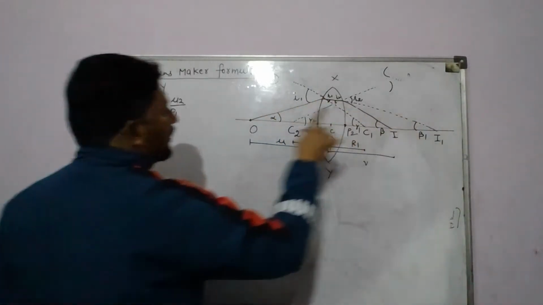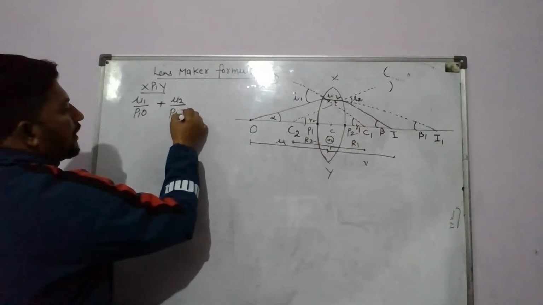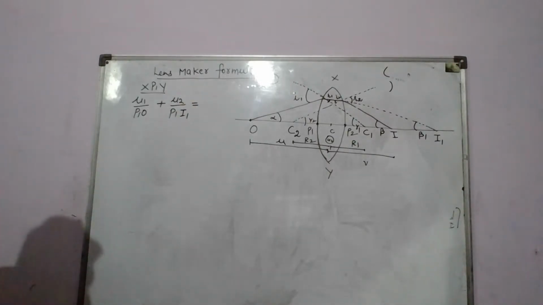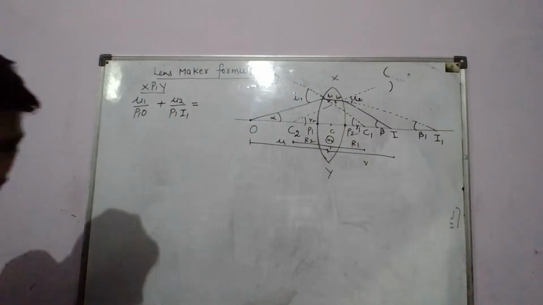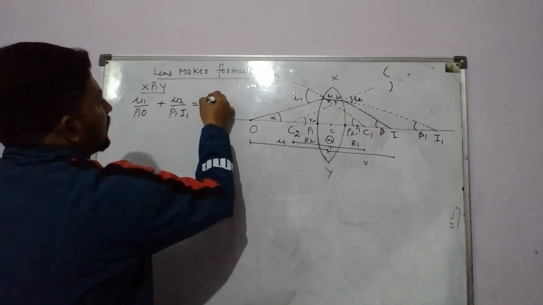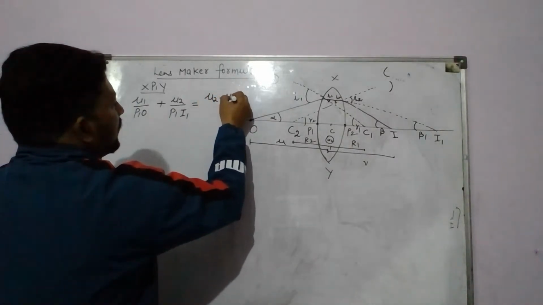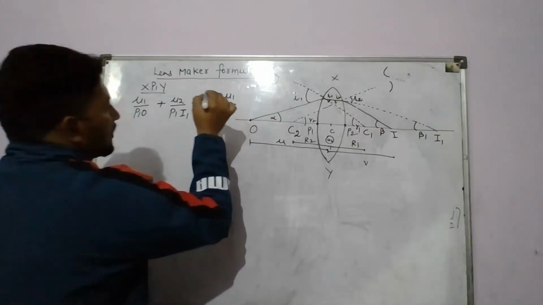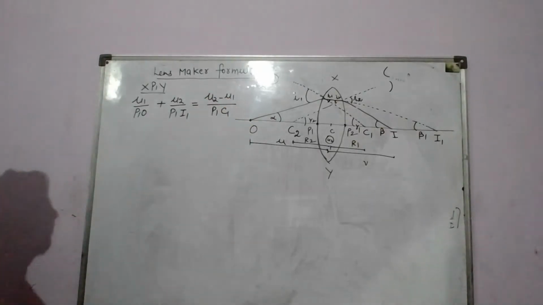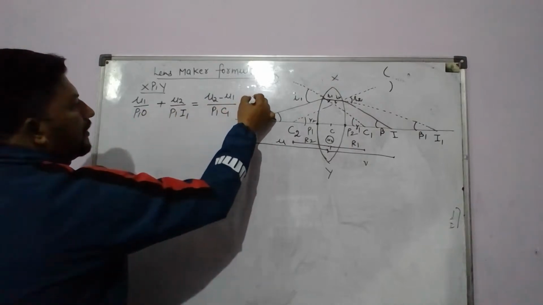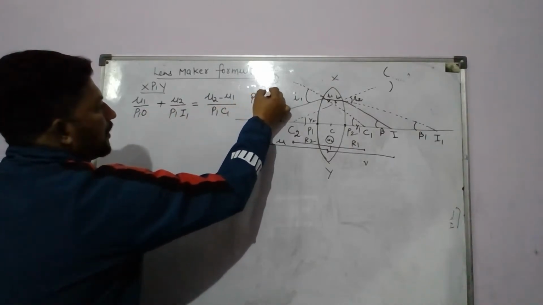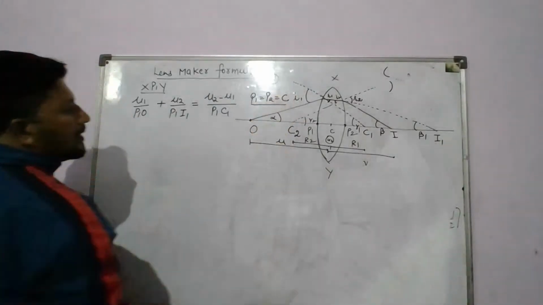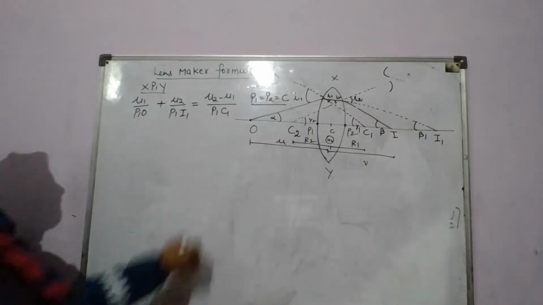So mu1 upon P1O plus mu2 upon P1I1 is equal to mu2 minus mu1 upon P1C1, center of curvature. So P1 is equal to P2 is equal to C. All the distances are measured from optical center.